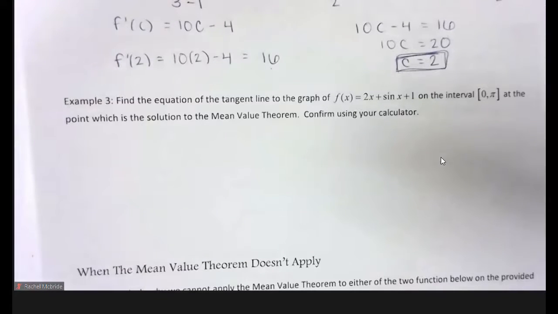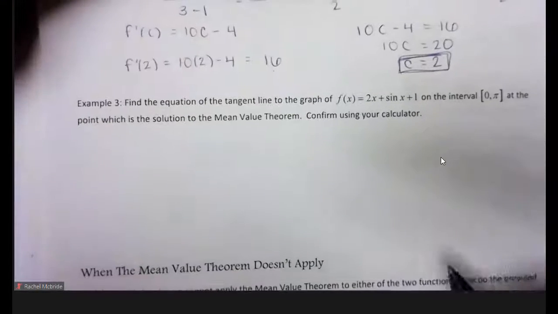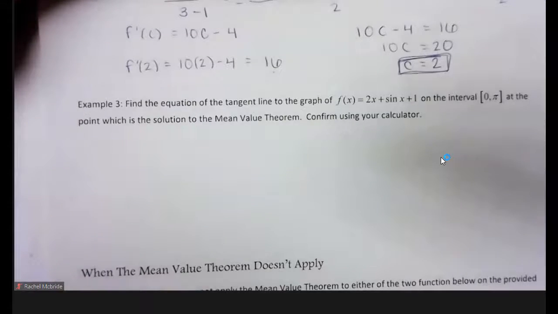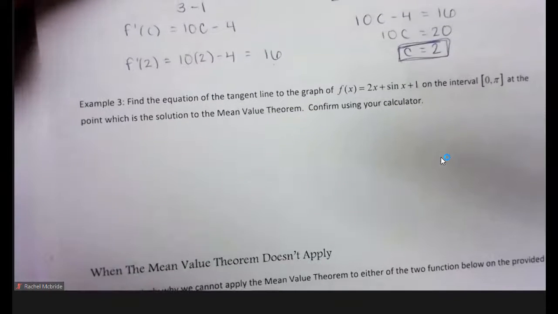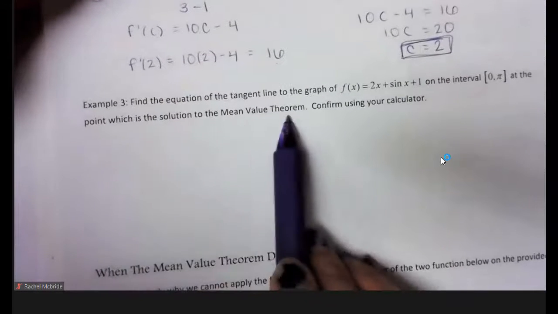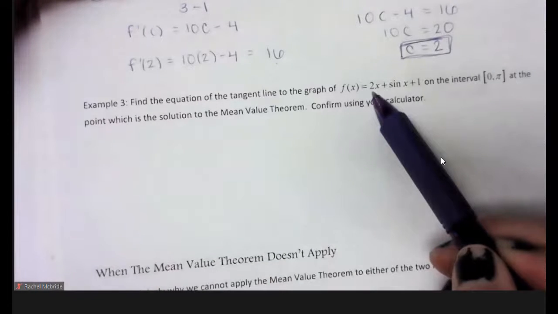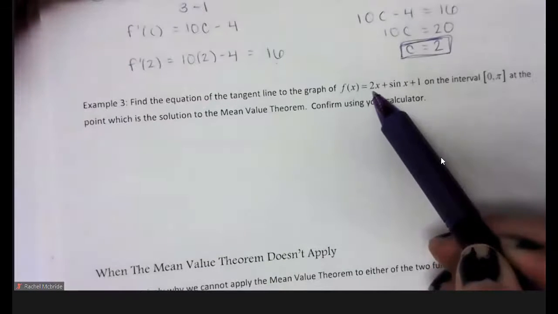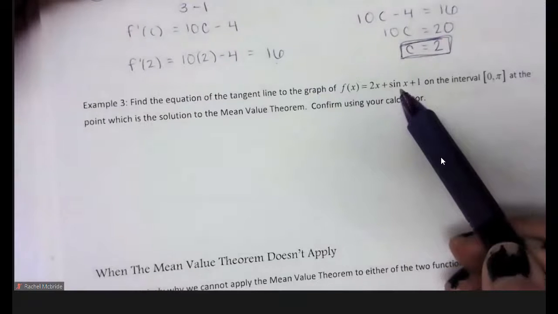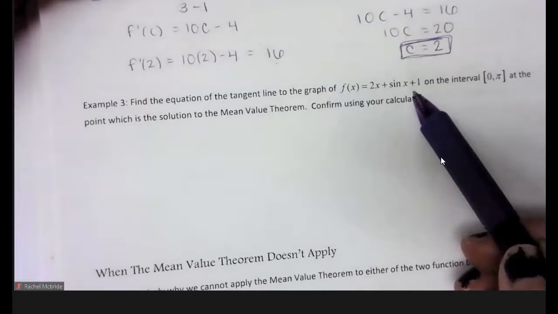Find the equation of the tangent line to the graph f of x equals 2x plus sine x plus 1 on the interval 0 to pi at the point which is the solution to the mean value theorem. Okay, 2x, continuous. Sine x, continuous. 1, continuous.